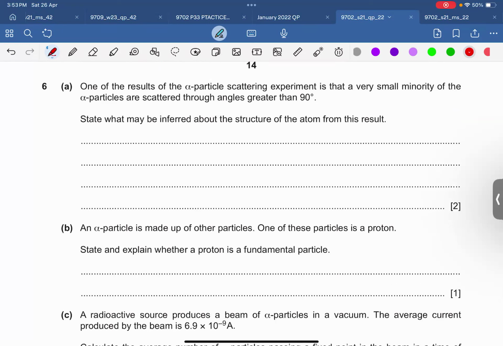One of the results of the alpha particle scattering experiment is that a very small minority of the alpha particles are scattered through angles greater than 90 degrees. State what may be inferred about the structure of the atom from this result. That the nucleus is positively charged and most of the mass of the atom is concentrated in the nucleus. Okay, very good.